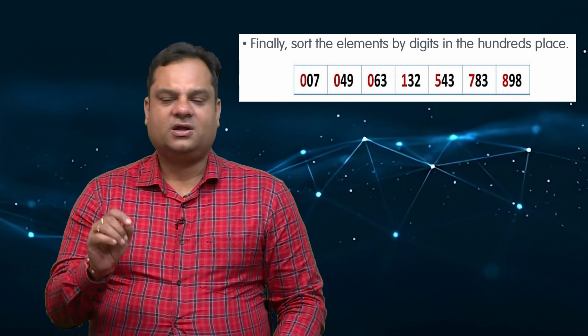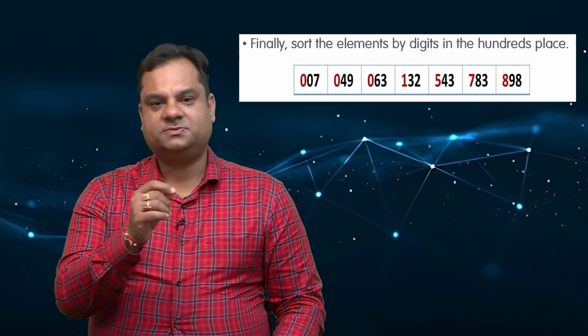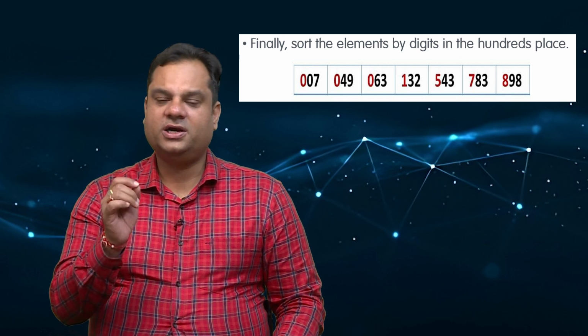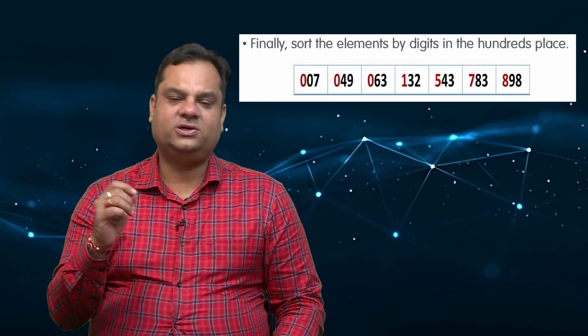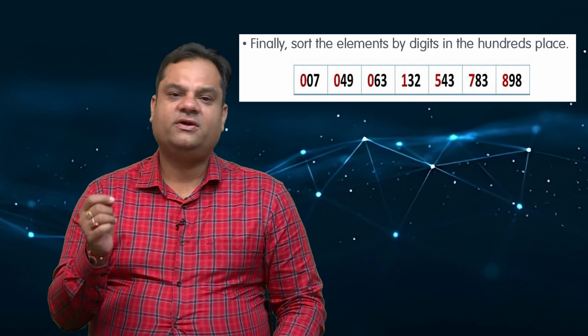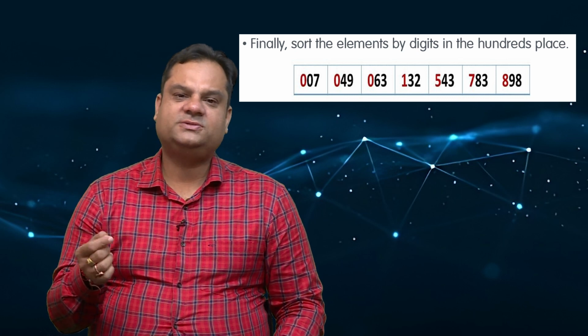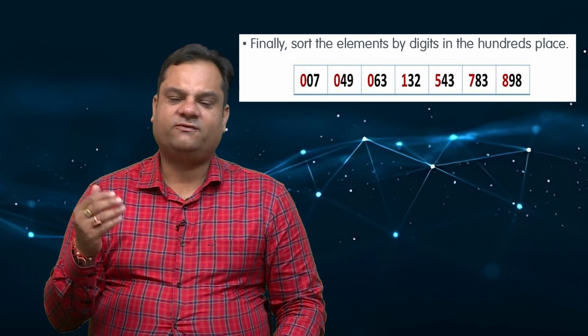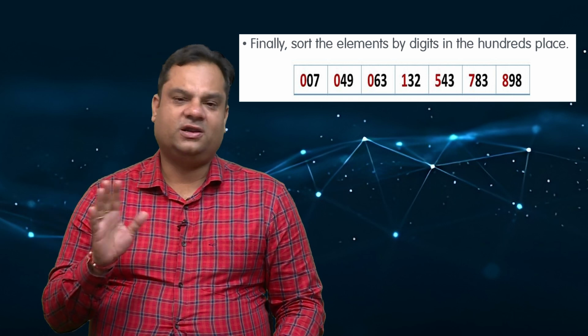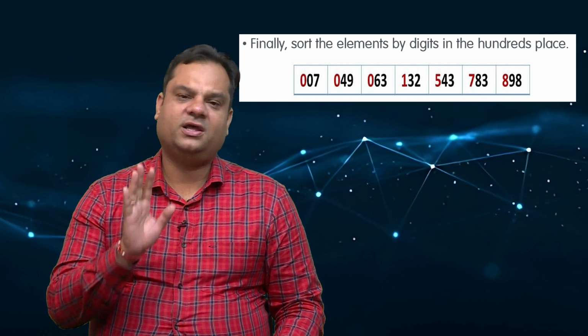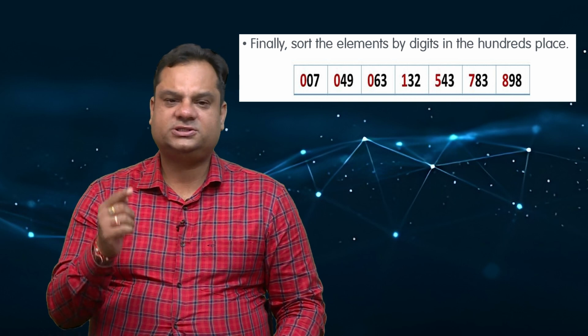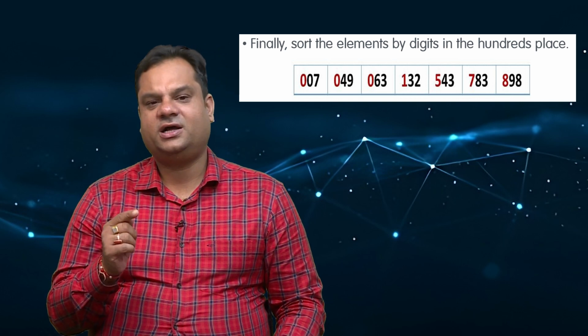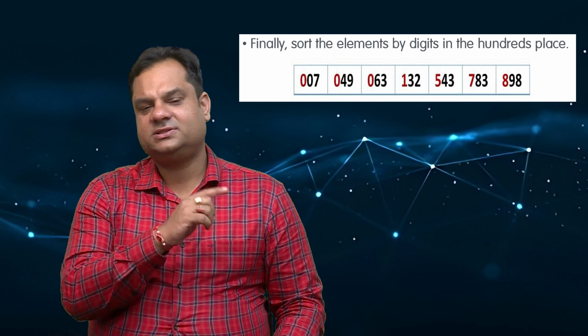Now we can't go for the next loop, because as per the logic there are only hundreds place data, and d equals 3. That's why we apply the loop only 3 times, and the output after the 3 loops is the final output. If you cross check, the resulting data is all in ascending order.